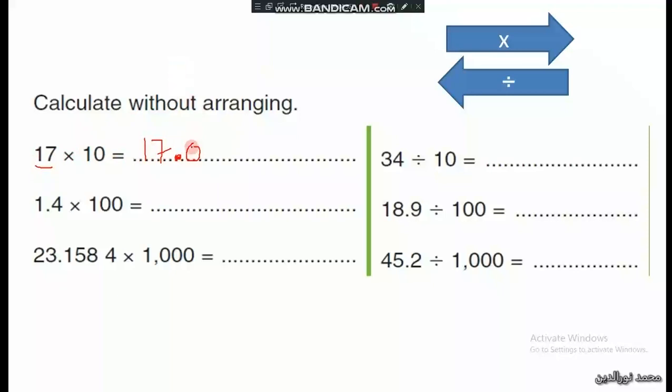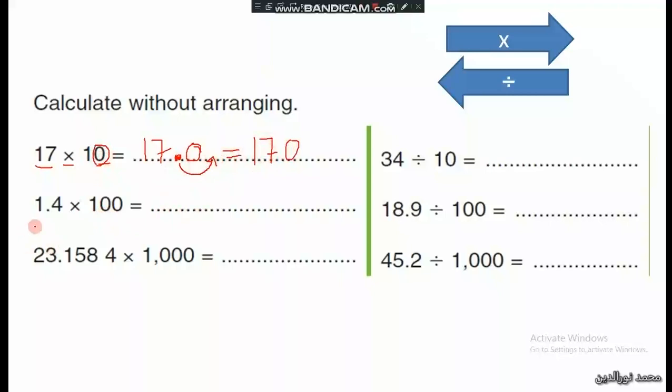So any natural number is a decimal number whose decimal part is 0. We are multiplying, so we have to move the decimal point to the right. How many times? 1 time. So I move the decimal point like this, and it becomes 170.